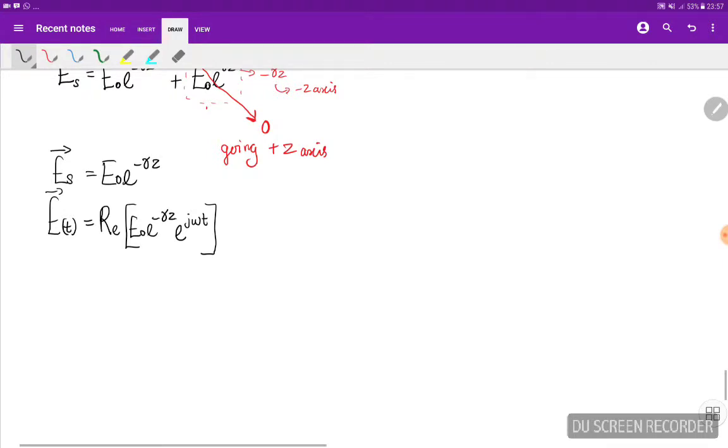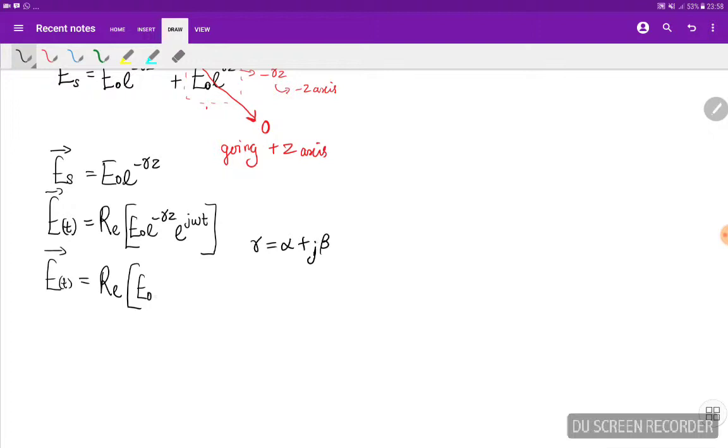So if we do that, E in the time domain is equal to the real part of E. Remember that our propagation constant is equal to alpha plus j beta, and we already know the equations for alpha and beta; we can easily find them.